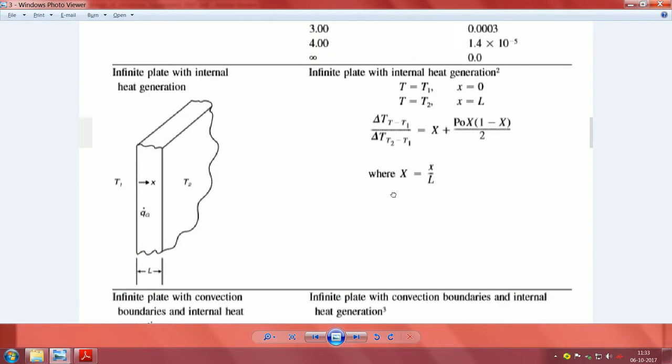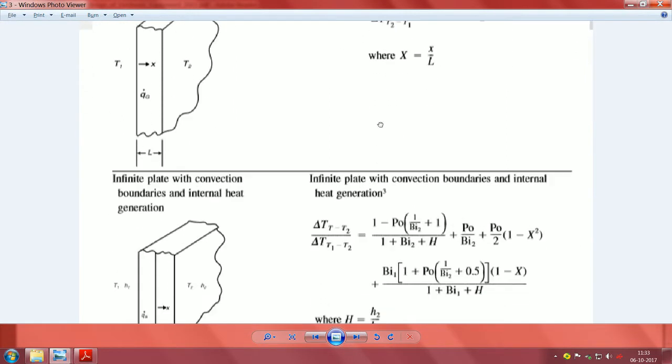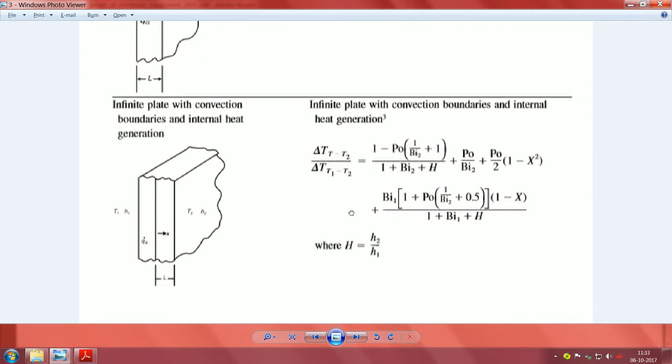you have things like with internal heat generation, again same where is the x by L, infinite plate with convection boundaries with internal, so on.